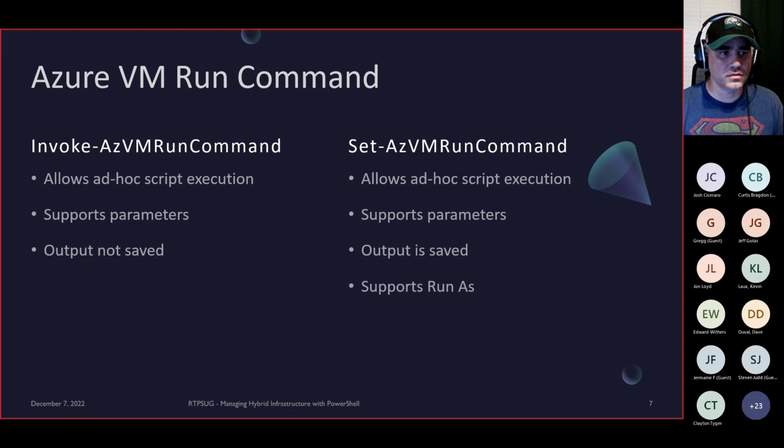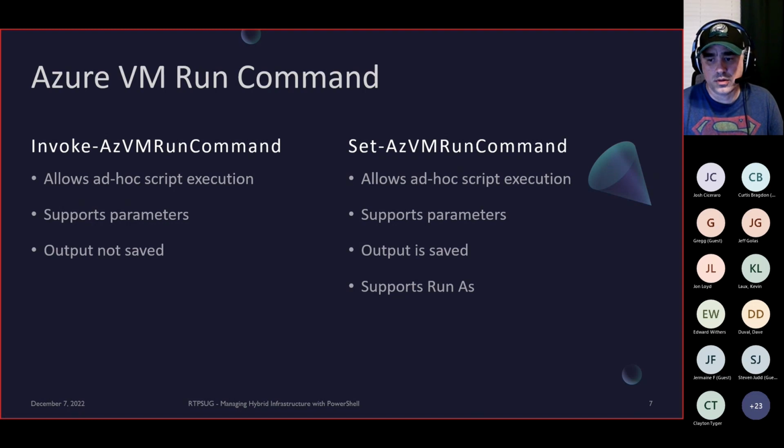The set Azure run command allows you to send that command to the machine and then run it in the background. So you free up your session, which you'll see in just a minute, to continue doing other things. If you have multiple machines you need to check, you don't have to wait for each one to respond, right? You send the command to 10 of them and then poll them and wait till you get your responses back.